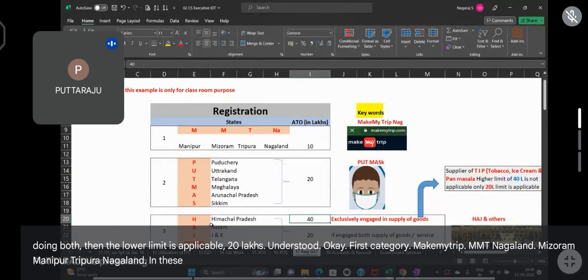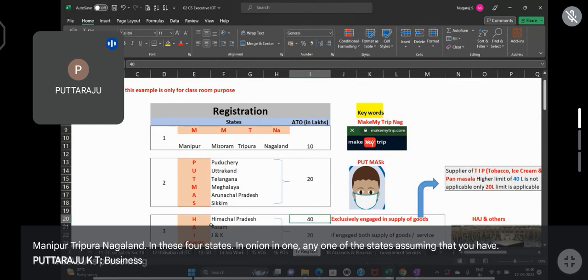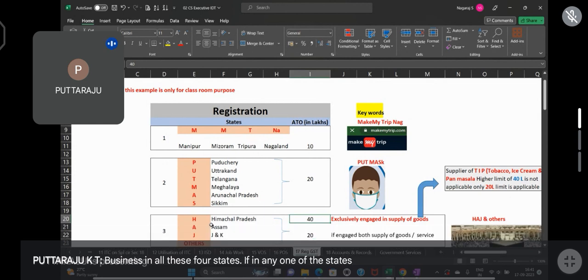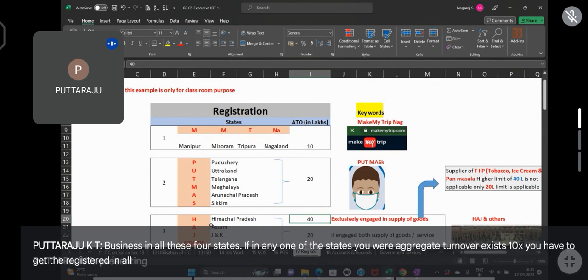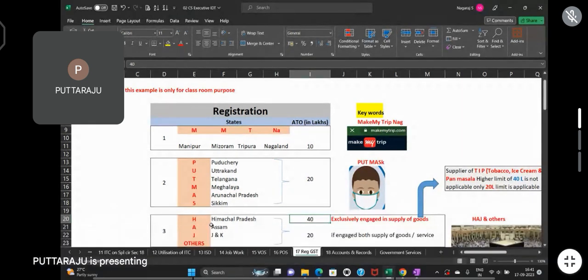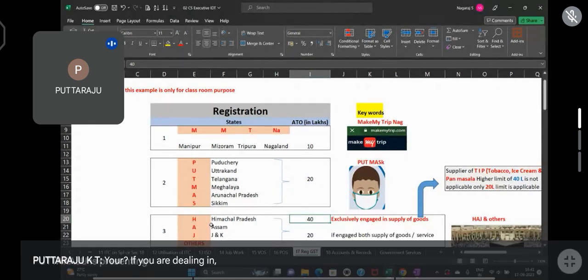In these 4 states, assuming that you have business in all these 4 states, if in any one of the states your aggregate turnover exceeds 10 lakhs, you have to get registered in all 4 states, provided you are dealing in taxable supply of goods or services. This is the first category of states.